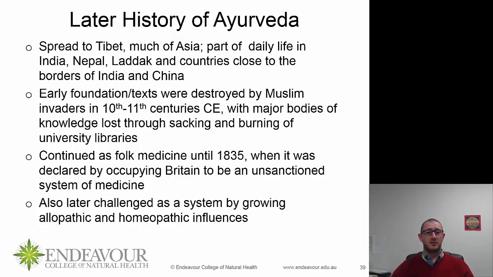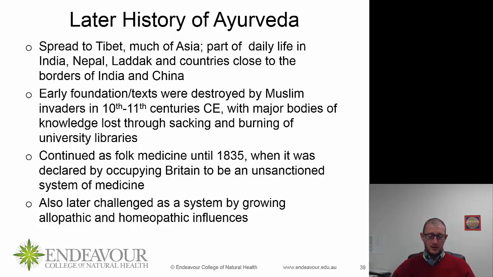It continued as a folk medicine until 1835, when it was declared by occupying British forces to be an unsanctioned system of medicine, and was also later challenged as a system in its own right by growing allopathic and homeopathic influences.